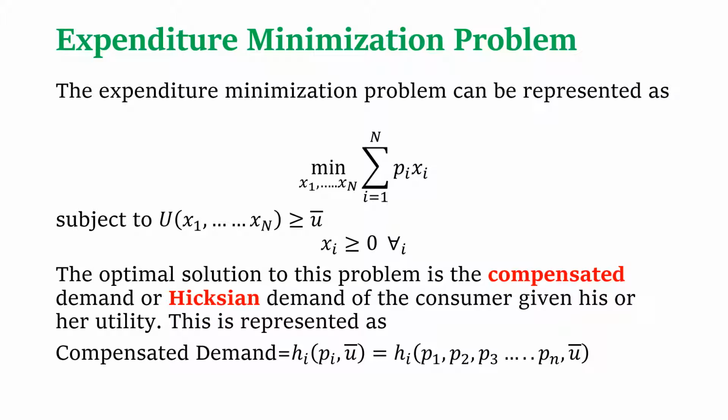I hope you guys are able to understand this, and from this explanation most of you will be able to write an expenditure minimization problem as well as a utility maximization problem, including their objective functions. Okay, let's continue.